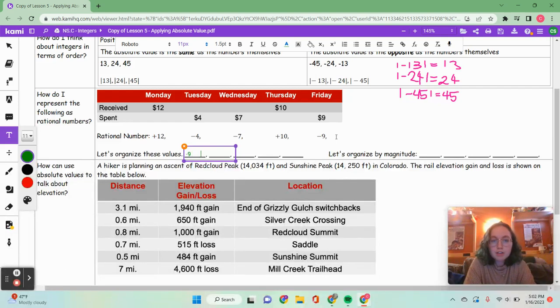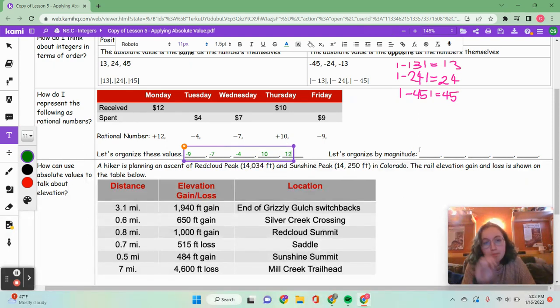That is the smallest amount of money that I had, right? Negative $9. Then the next smallest is negative 7, a loss of $7. And then negative 4, my lowest loss, and then I can start thinking about my smallest gain. So my smallest gain was 10, and then my greatest gain was 12.